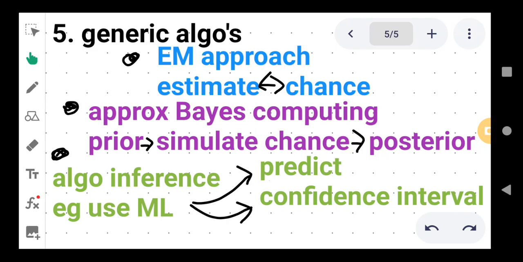Then you do a simulation on each of those underlying probability distributions. For example, I can use simulation method 1 based on probability distribution number 1 to simulate the chance of observing my data points. Then I do a second simulation, a third simulation, and a fourth simulation. Let's say I simulate the chance of observing my data points 10 times.